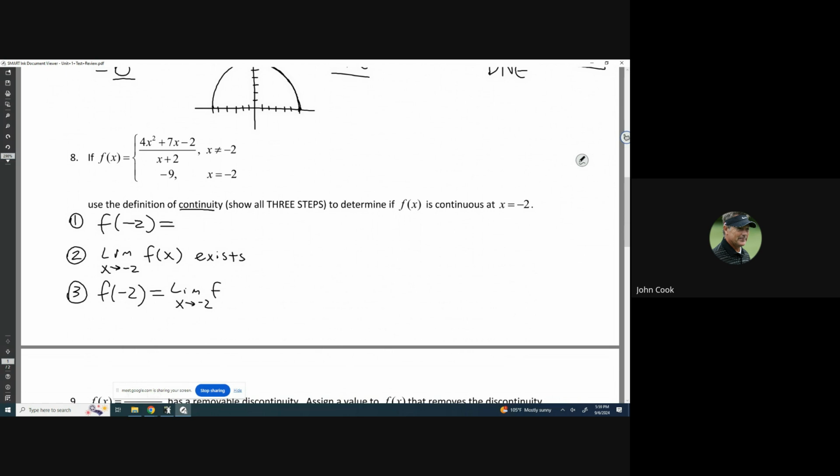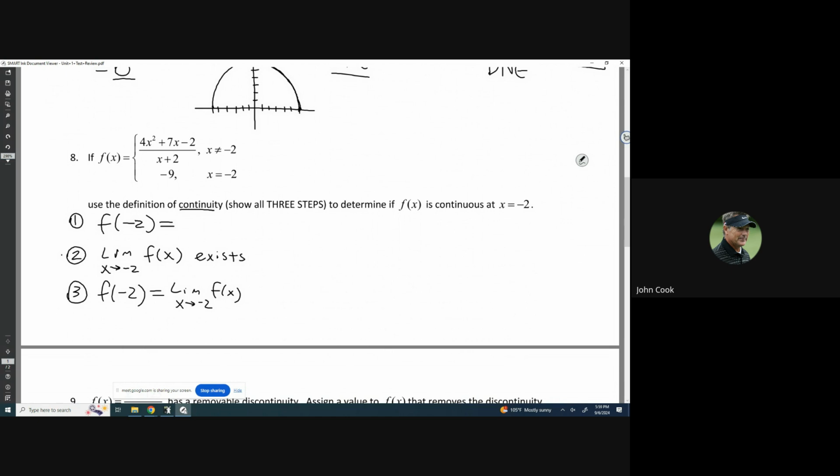So that's the 3-step process that you need to show. And I would recommend doing it in this order because it kind of increases the difficulty. Well, actually, it's kind of oscillating. This part's really easy. This part's a little bit tougher sometimes. And then this part's really easy because you're just comparing. So yeah, let's start with the first one, f of -2.